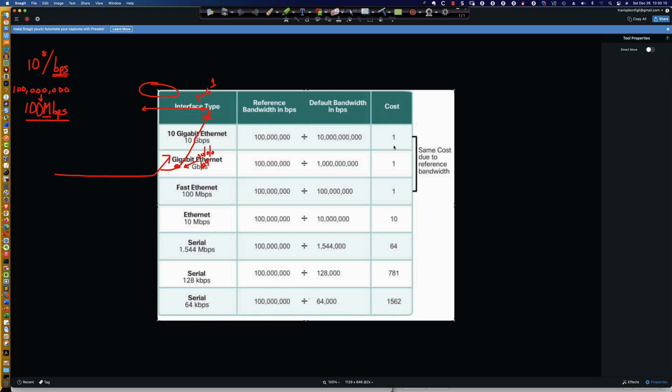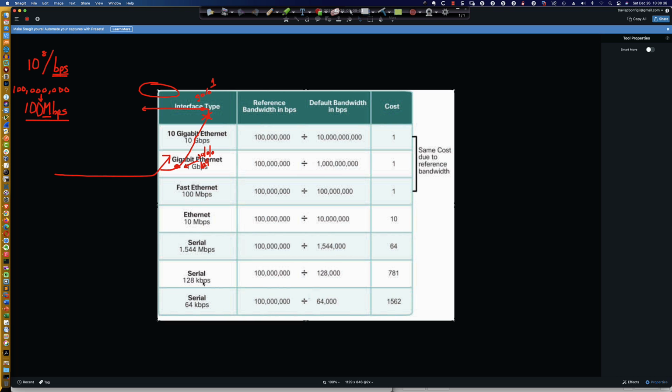And herein lies the problem in modern day networks. OSPF, again, was created in the late 80s, when 100 megabits per second was bleeding edge in terms of interface speed. And so this is why that value was chosen as the reference bandwidth, the baseline on which we're going to calculate the cost for OSPF through all other interface speeds.